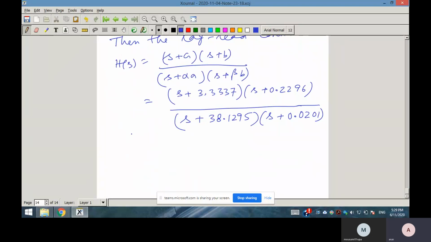Here also we can do the lag lead controller implementation, and the circuit that we will be using is this one.